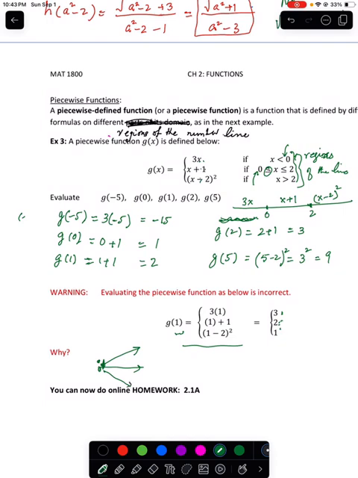I told you that more than one arrow should not begin from one point, because that will mean that this value on the left has 3 images, which makes it not a function. So just be careful, this is wrong. Okay, hope you understand this and you can do the problems. Next we will have the 2.1b ready for you.